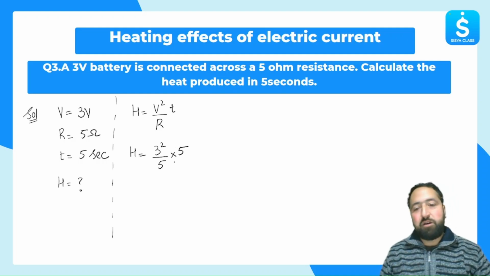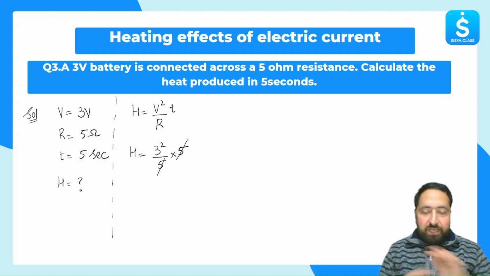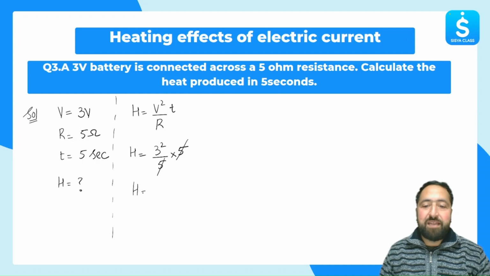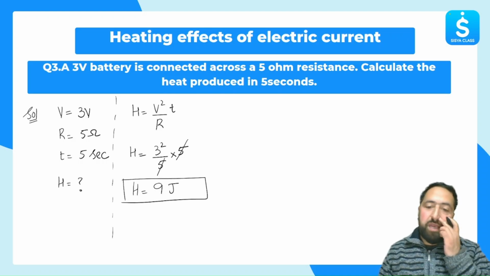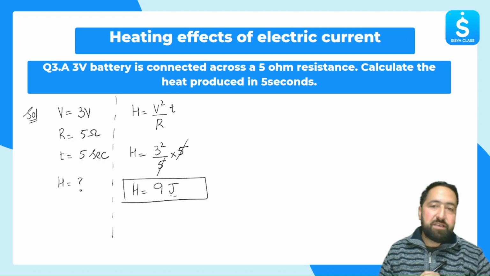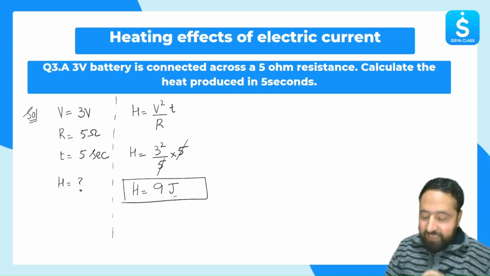Very easy. 5 and 5 got cancelled. So 3 square is 9. So heat produced is equal to 9 joules. All of these were in SI units, so heat produced will also be in the SI unit, that is joule. Got it?